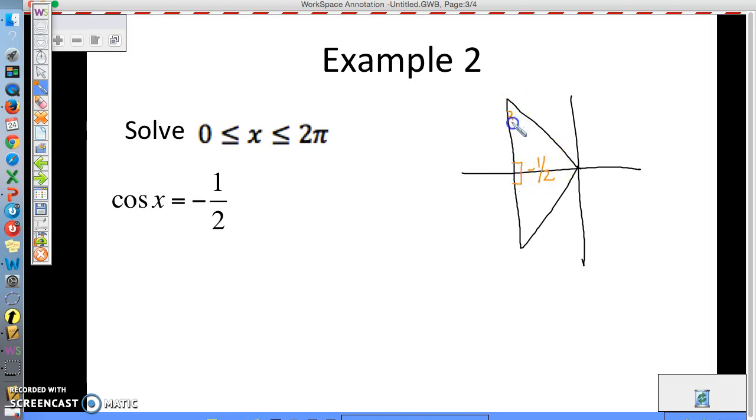So we know opposite is 30, so that means our reference angle has to be 60. So our two angles would be 60 degrees, and 60 below is 240. So in terms of radians, though, we know 60 degrees is pi over 3. And 240, well, that's 4 times 60, so we have 4 pi over 3.